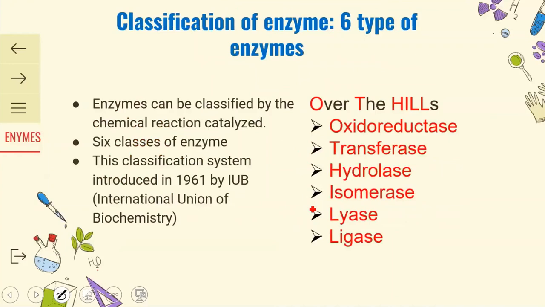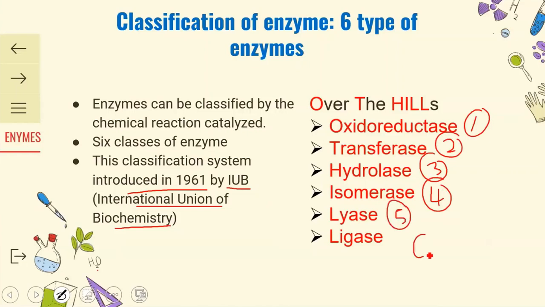Enzymes can be classified by the chemical reaction catalyzed. There are 6 classes of enzymes. This classification system was introduced in 1961 by the IUB, the International Union of Biochemistry. The 6 classes are oxidoreductase, transferase, hydrolase, isomerase, lyase, and ligase.